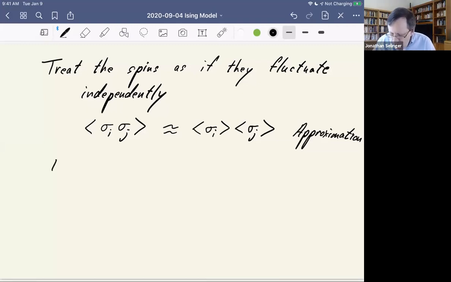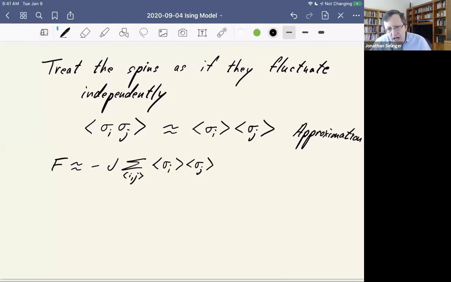Okay. So the free energy with that approximation is going to be negative J times the sum over all the nearest neighbor pairs of the average of sigma I times the average of sigma j. So two factors of this average. And then minus h times the sum over all the spins of the average of sigma, and then minus TS.